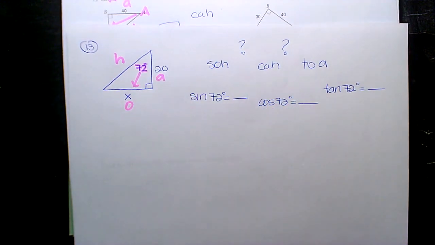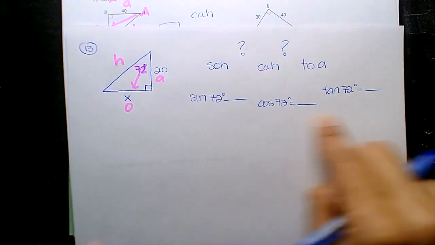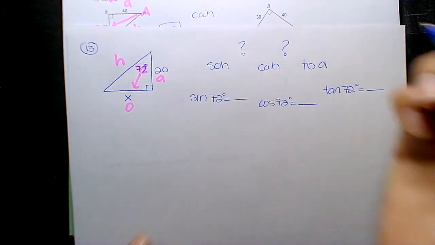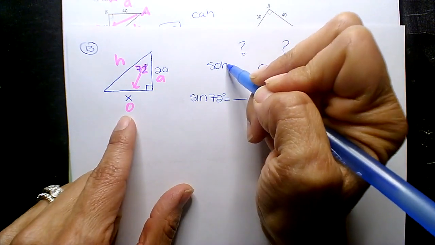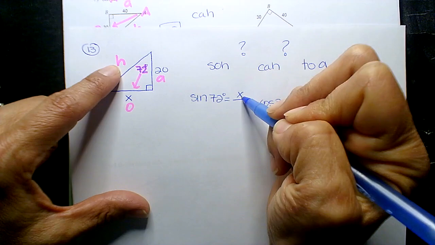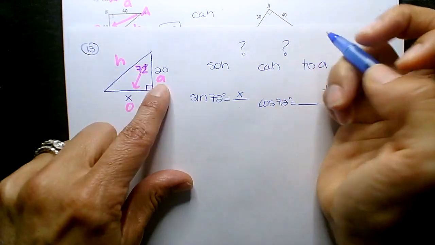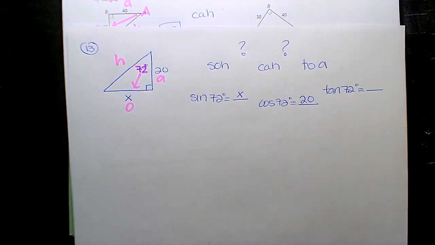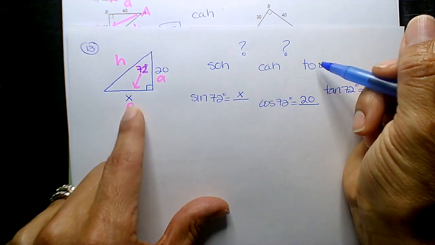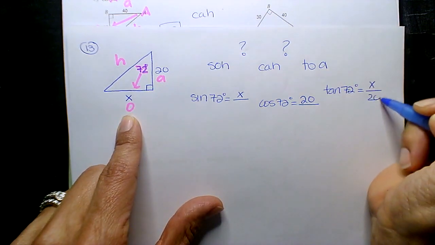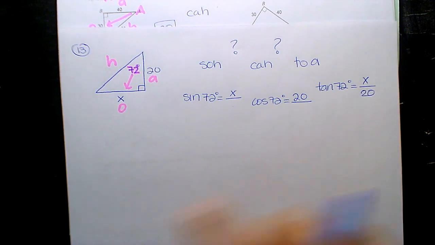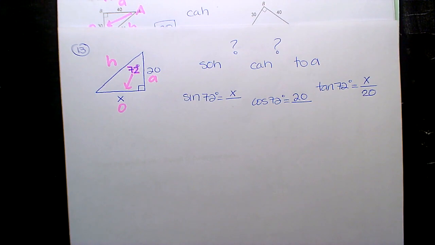You do not have to write out all three. I'm the teacher, so I'm going to do it. Sine is O over H. O is x, H is blank. Cosine of 72 degrees is A over H, 20 over blank. Tangent is O over A, x over 20. If I just look at what they gave me in the triangle, the only trig ratio that has something is tangent.